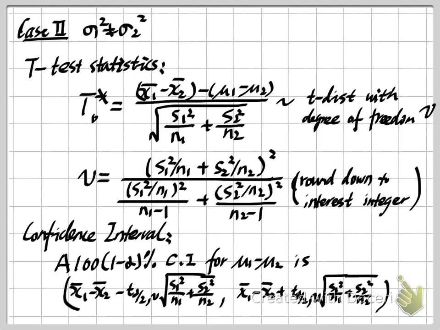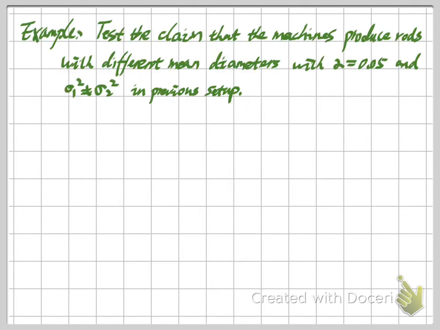Before the end of this video, let me give a quick example of how we can use this to solve problems. The problem is to test the claim that the machines produce rods with different mean diameters, with alpha equal to 0.05 and sigma 1 not equal to sigma 2, in the previous setting.